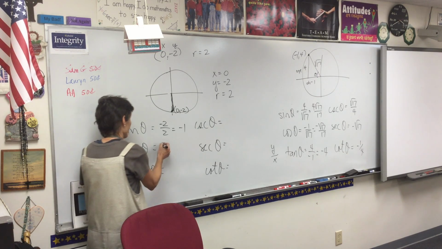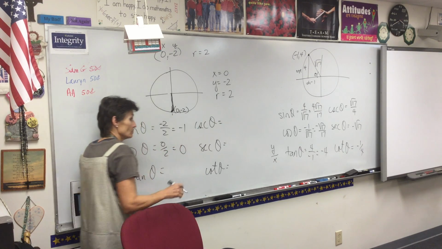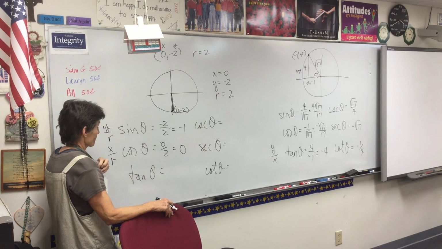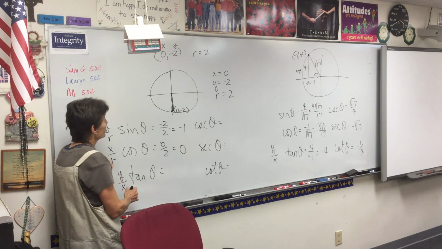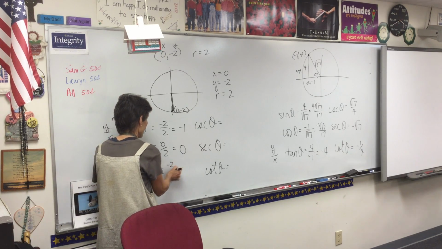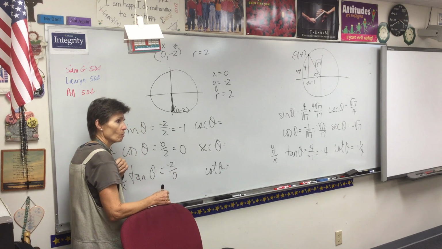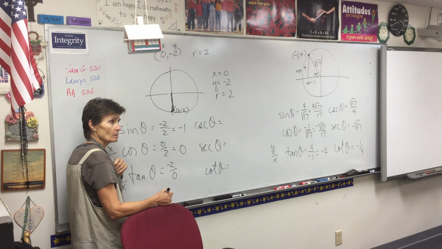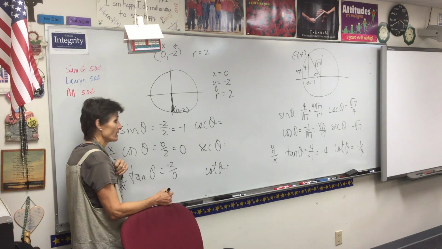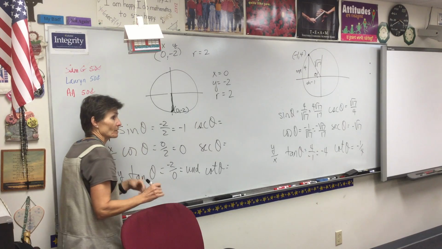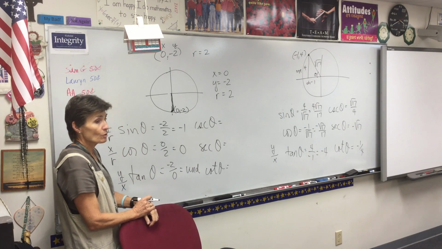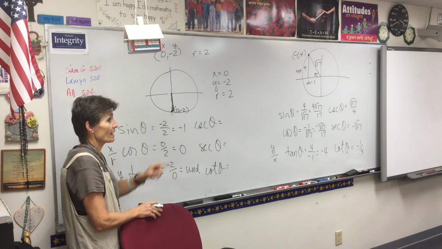So it'd be 0 over 2, which is 0. What's tangent? y over x, which would be, oh Lord, -2 over 0. Mamuna's shaking her head. That is undefined. There is no tangent for that angle.